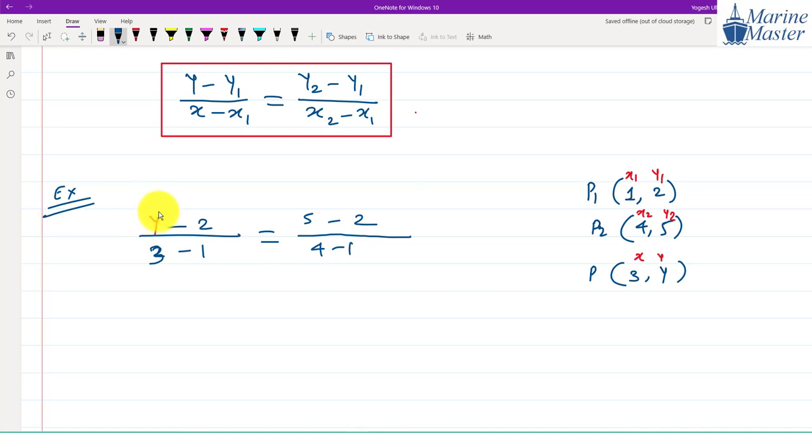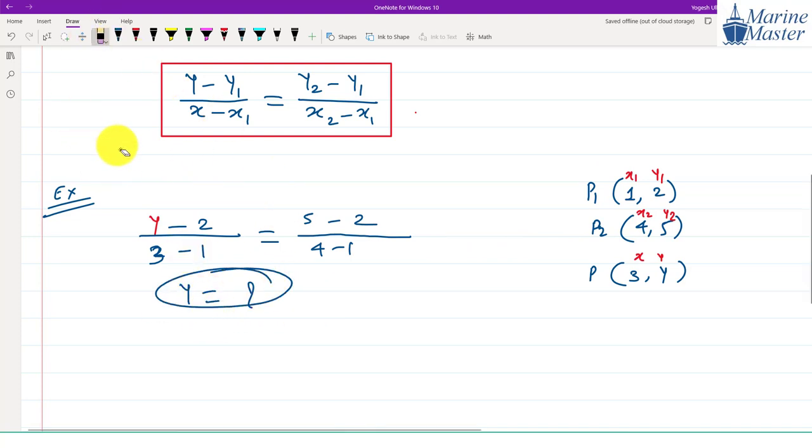I am checking y minus y1, okay, y minus 2 over 3 minus 1 equals y2 minus y1, 5 minus 2, over 4 minus 1. If you solve this one, everyone, we will get the value of the corresponding y.